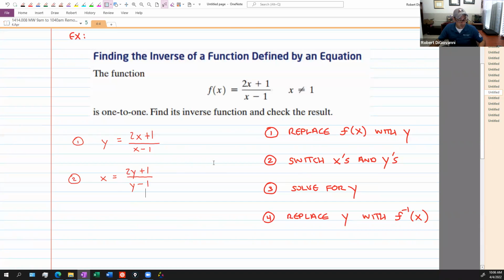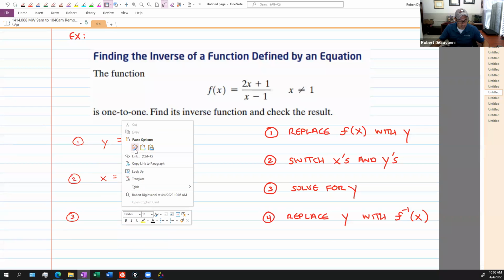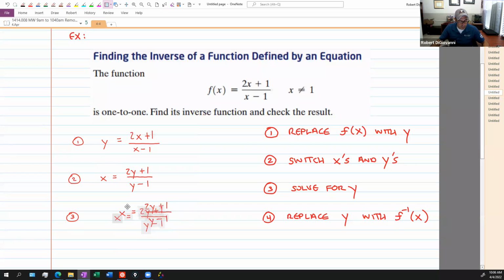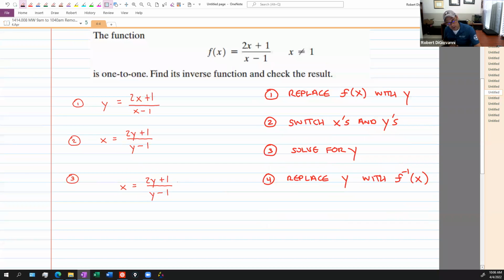So watch the way I do this. I'm in step 3 now. First thing I'm going to do is clear the fraction. There's only one fraction. So I'm going to multiply both sides of the equation by y minus 1. Now I do that because it will cancel out on the right.